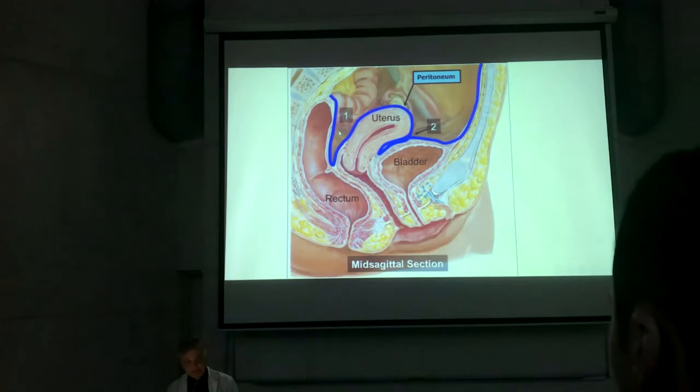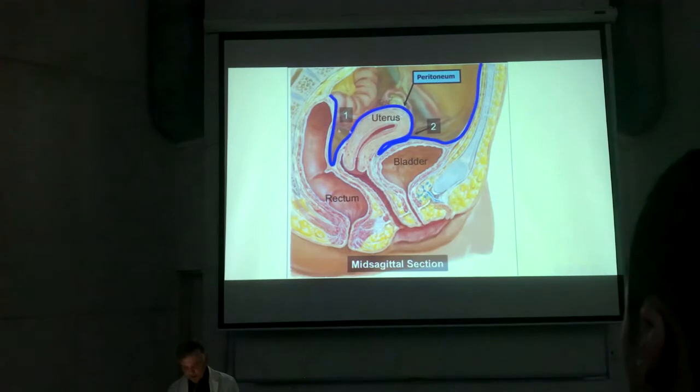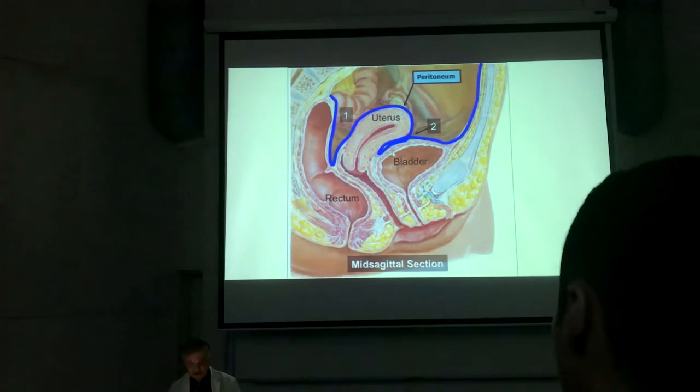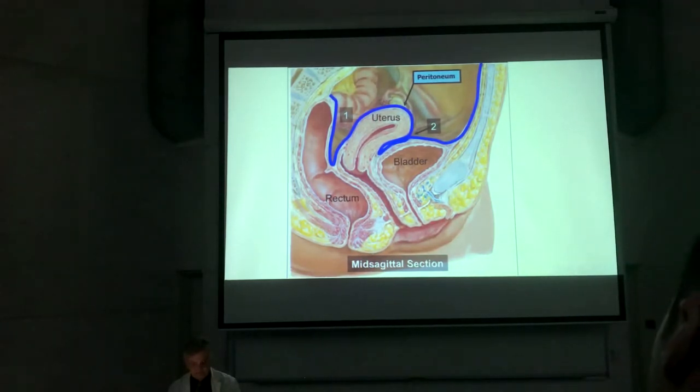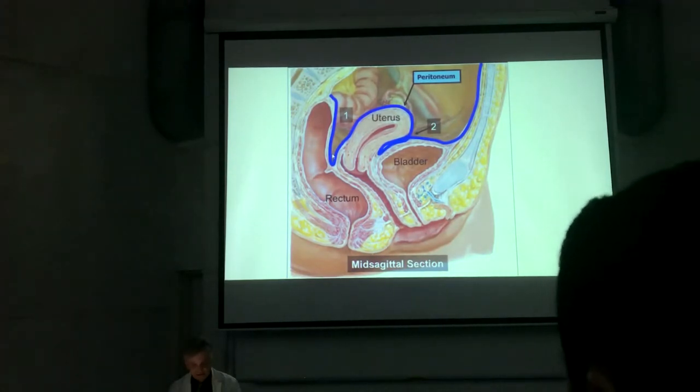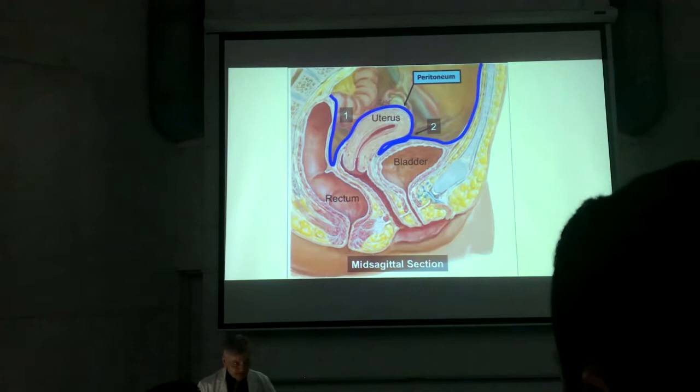So we have this space, it's called the recto-uterine pouch, or pouch of Douglas. And this space here is the vesico-uterine pouch. This is the most dependent part of the peritoneal cavity. So it's easy to go through the rectum, open this, and the whole fluid will come out.